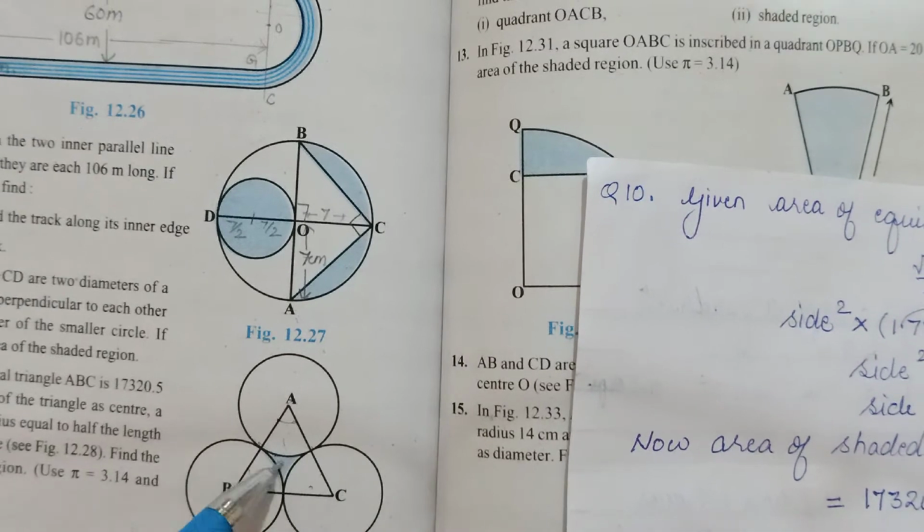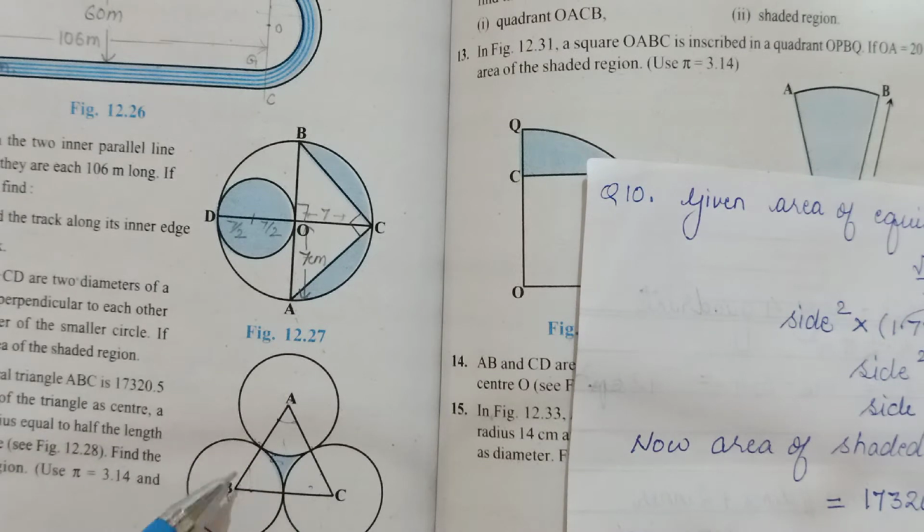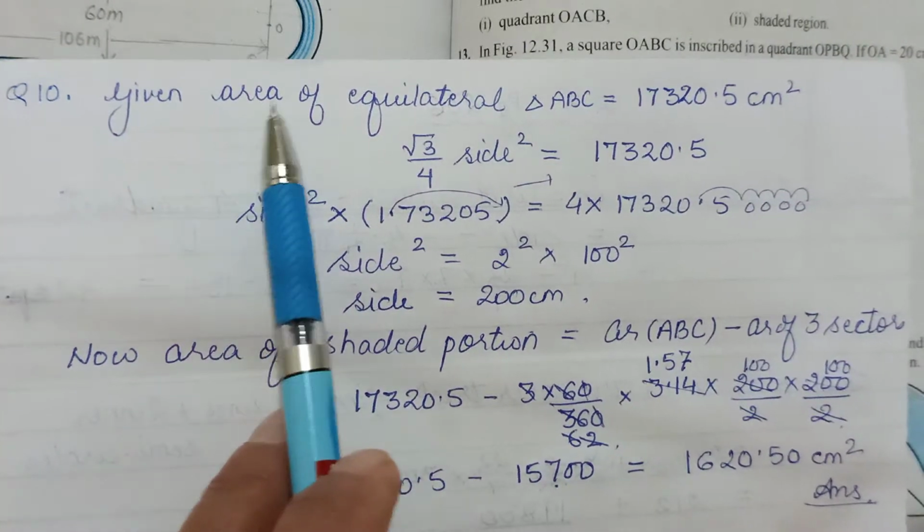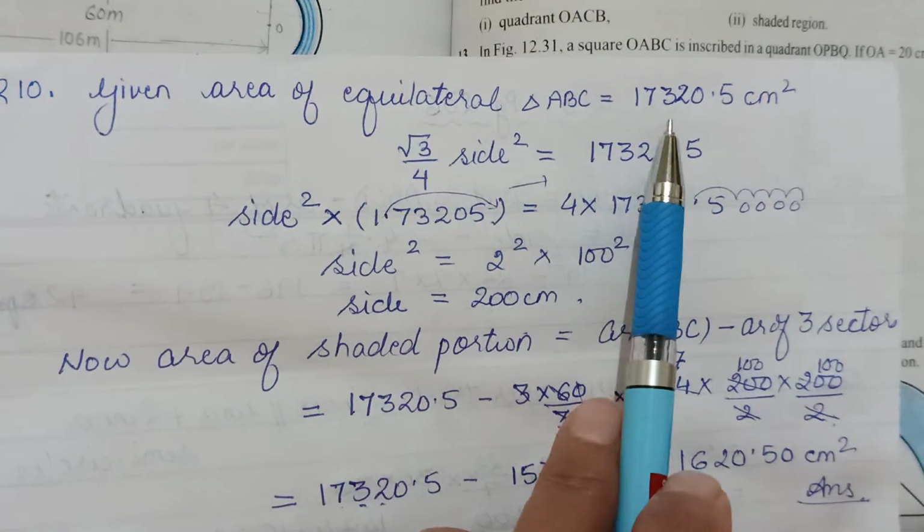From the figure you can understand that, right? ये पूरा side है. And ये diameter, not diameter exactly, or half of this, because they are touching, so ये दोनों equal lengths होंगी. So the half of the side ought to be the radius of these circles.